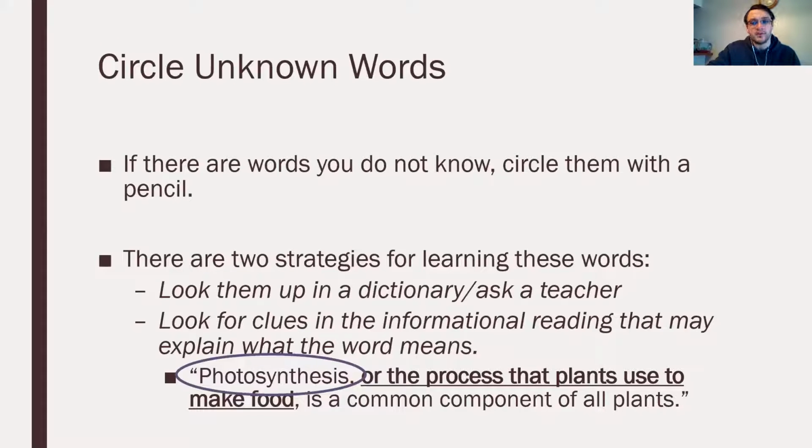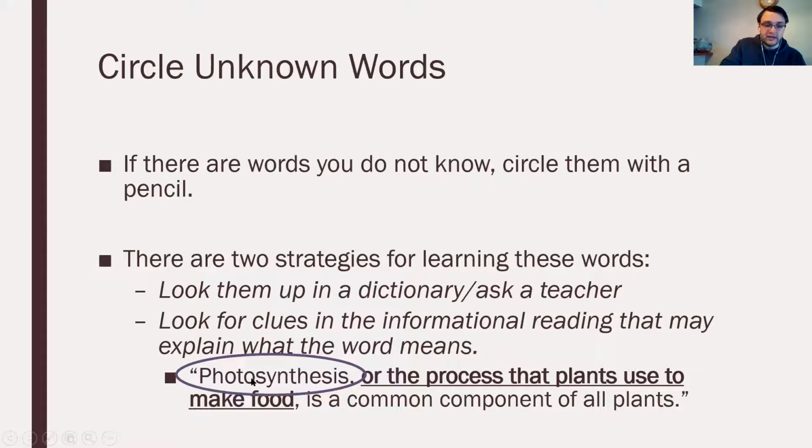If there are words you don't know, you should circle them. And there's a couple different strategies that you can use here. One, you can look it up using a dictionary, or you can use the computer for this. Or you can keep reading in the informational article because sometimes it helps to explain what a word means already.